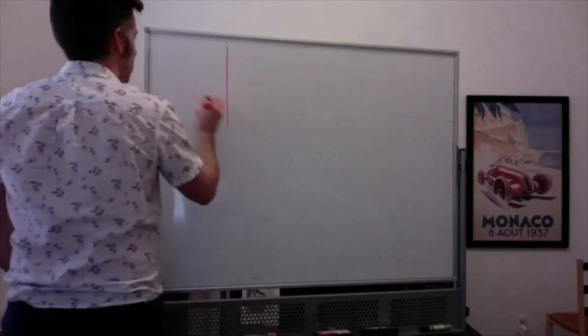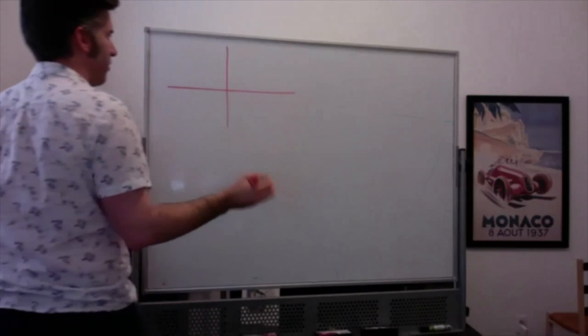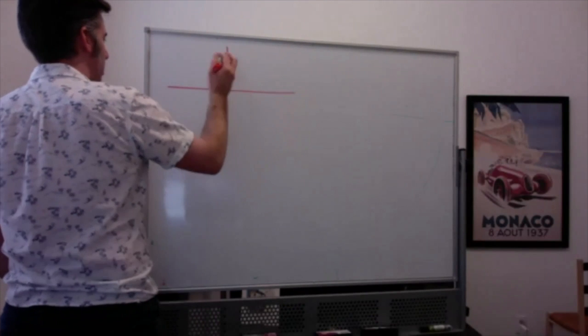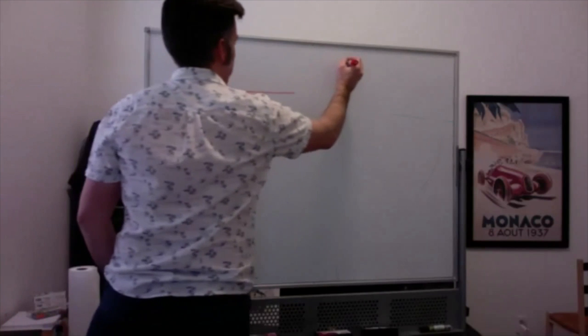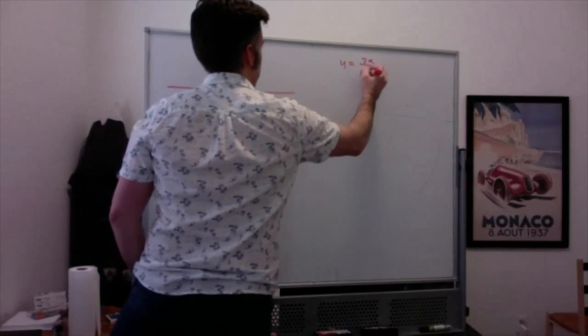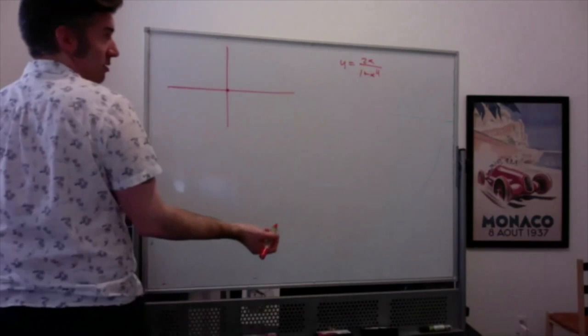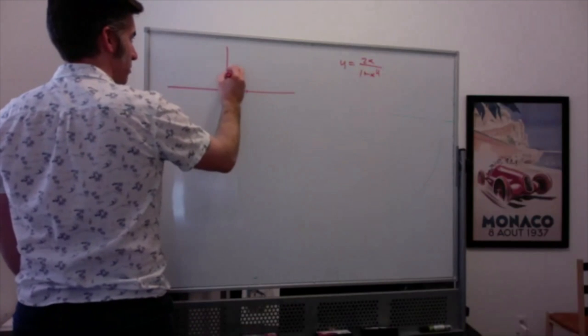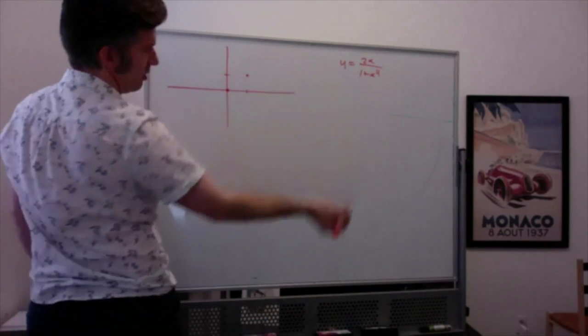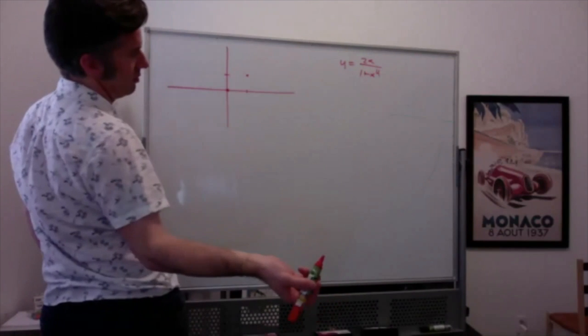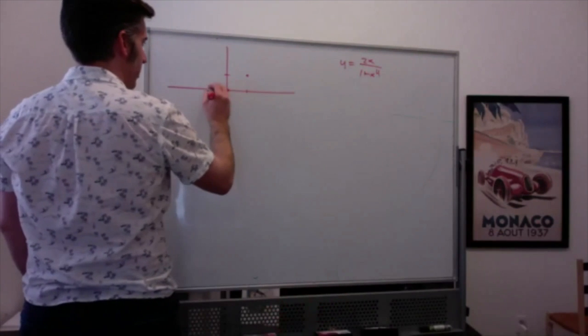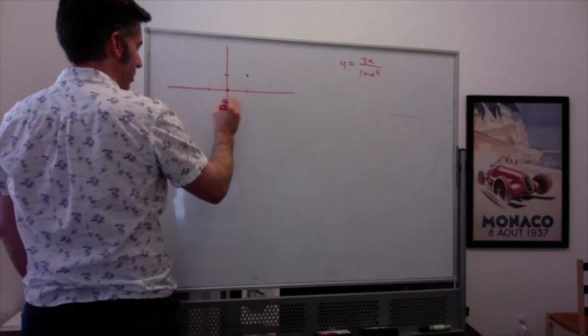So 2x over 1 plus x to the 4th, how does it behave? If you plug in 1, you get 2 over 2, which is 1. And if you plug in 2, you get 4 over something large. And if you plug in negative 1, you get negative 1.